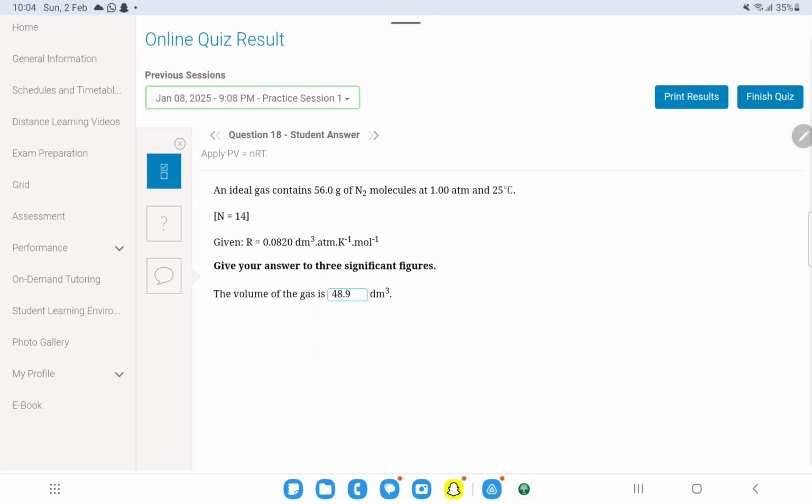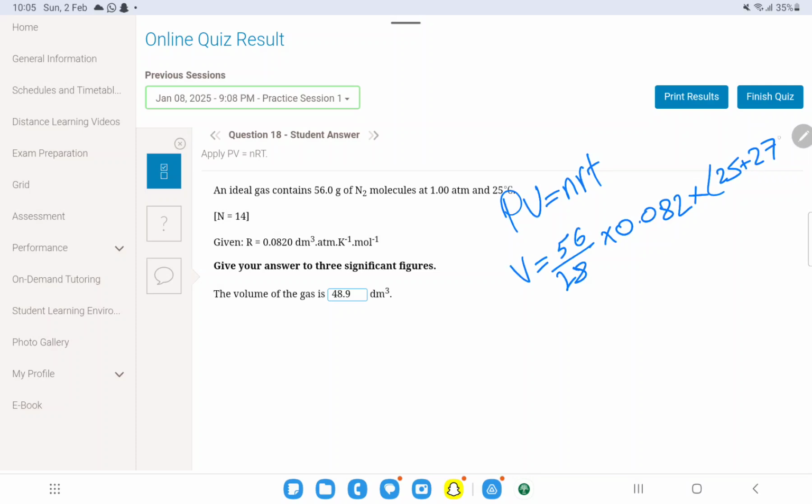Here again, PV equals nRT. P is 1 atm, so it's just V equals n, 56 grams over the molar mass of N2, so 28, times R, 0.082, times temperature, 25 plus 273.